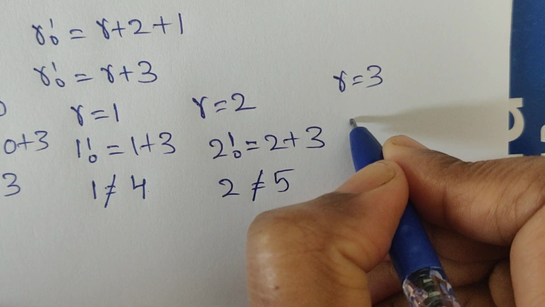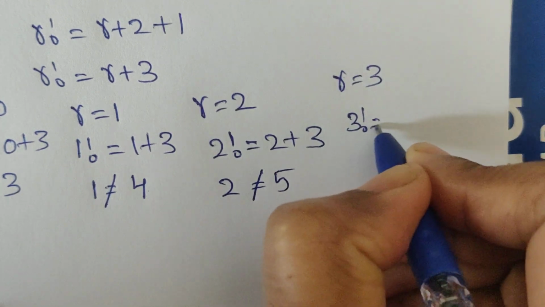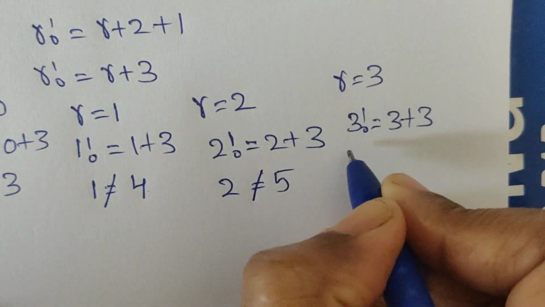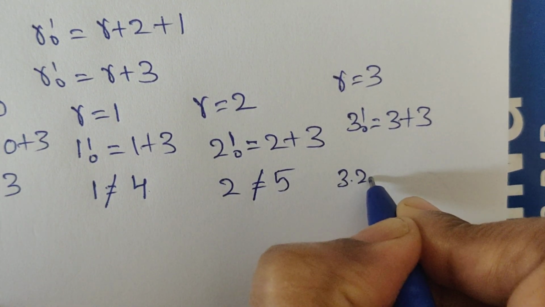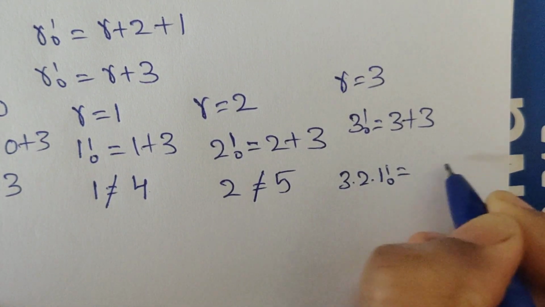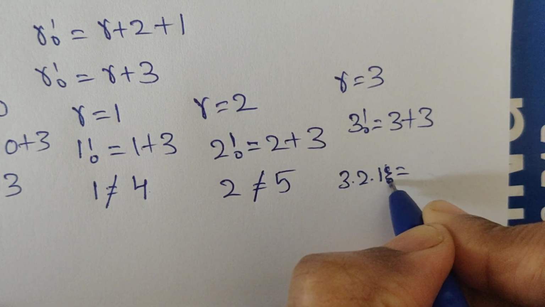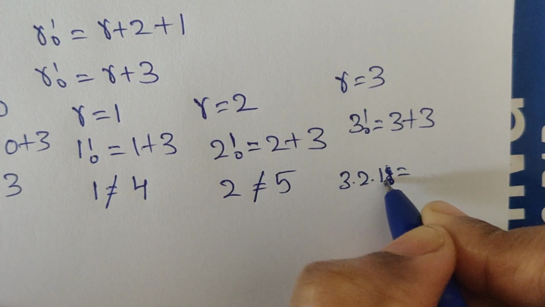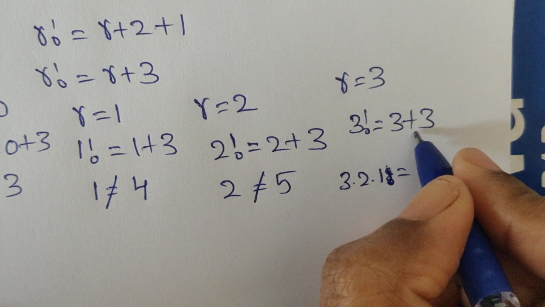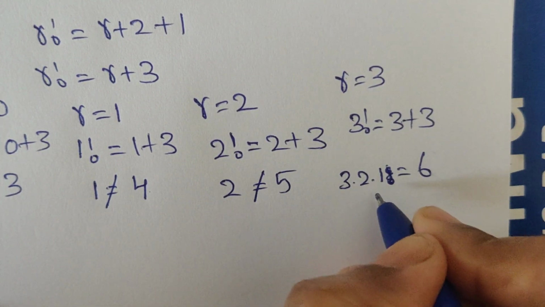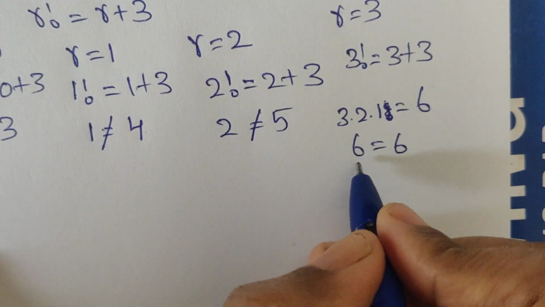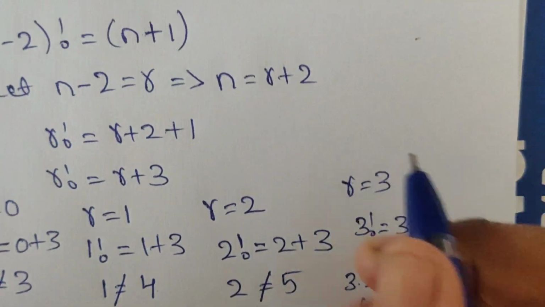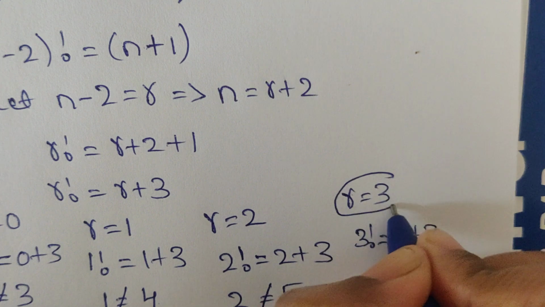So now it will be 3 factorial equal to 3 plus 3. Here 3 factorial is 3 times 2 times 1, which is 6, and 3 plus 3 is 6. So 6 is equal to 6. So r equal to 3 is the right answer.